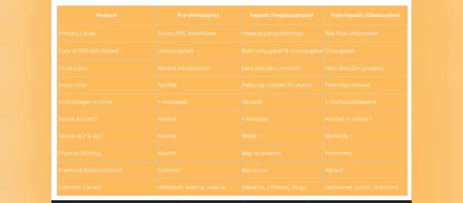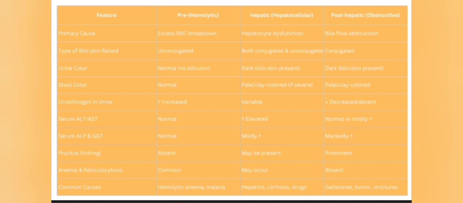In case of hepatocellular jaundice, there will be a history of hepatic infection or hepatic cirrhosis or any other hepatic dysfunction. In that condition, the urine would be dark colored and stool could be normal or pale colored. While in case of obstructive jaundice, there will be a history of obstruction. Along with that, urine would be dark colored and stool would be pale or clay colored. This was the clinical picture.